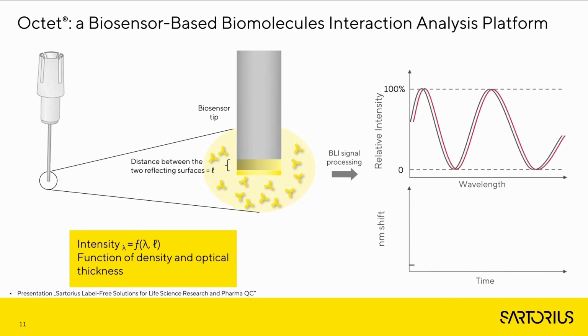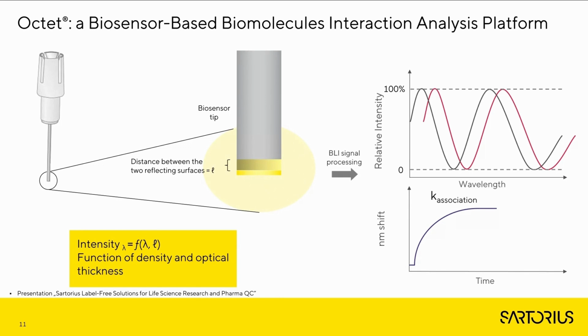Any change in the number of molecules bound to the biosensor tip causes a shift in the interference pattern, which is recorded in real time. This real-time measurement can be used to calculate on and off rates by plotting binding rates against concentration.